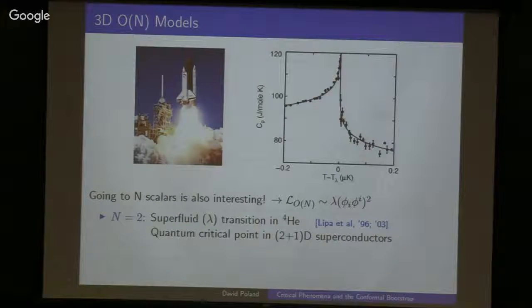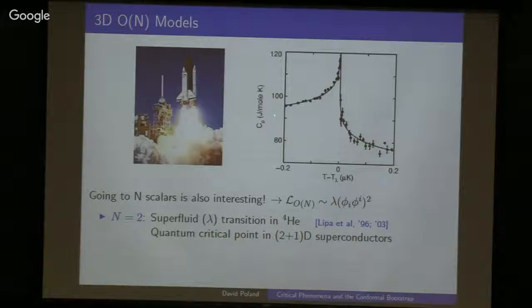In fact, this is a very interesting system to think about because there are, in fact, very precise experimental measurements that have been done in helium-4 as it crosses the superfluid transition. And in fact, some of these experimental measurements were done in space. Okay, so this is why I have a space shuttle here. There was a helium-4 experiment which was done in the 90s aboard the space shuttle STS-52.